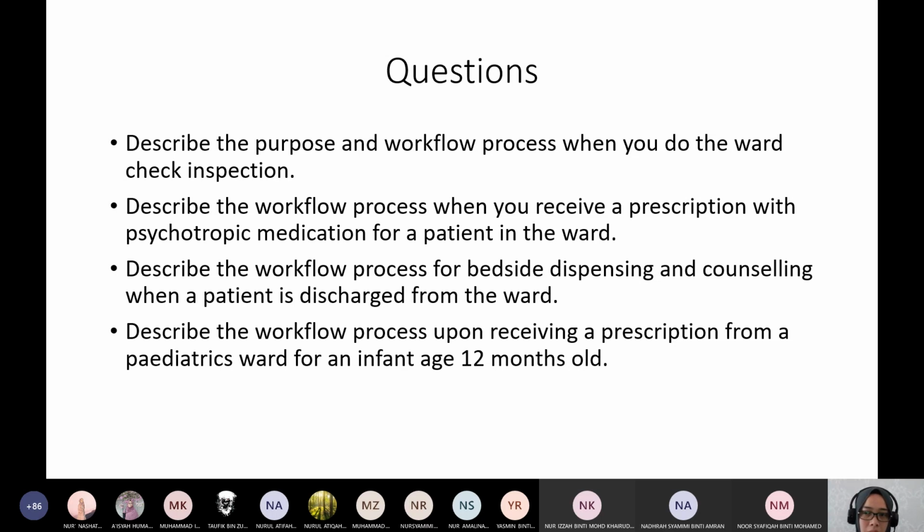So if you don't have the information, you need to call the ward and confirm the weight, right? And then how do you know the dose of the medication is suitable for this patient? How do you check the dose for pediatric? Which guideline, which handbook do you refer to? Frank Shann, Doctor.